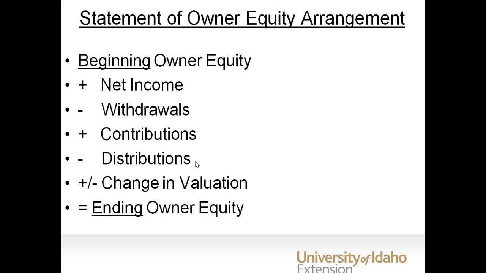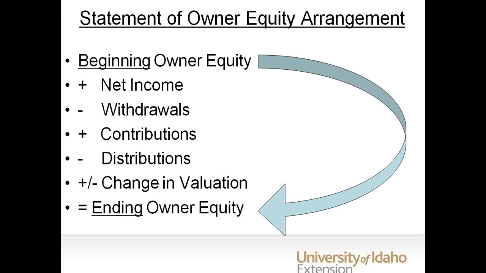And then another is distributions, and distributions could include gifts, for instance. And then we recall we were talking about asset valuation. You could have a change in owner equity just simply by adjusting asset valuation, which is more of a paper transaction unless those assets are actually sold.